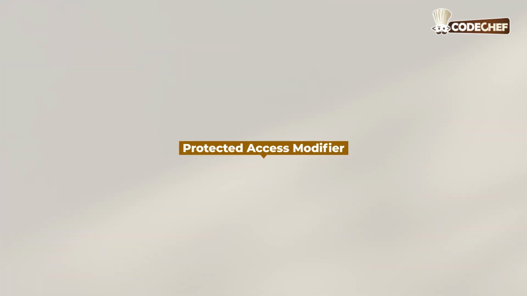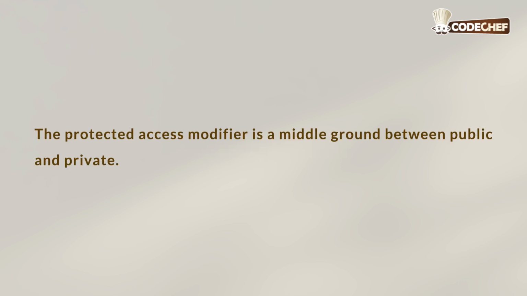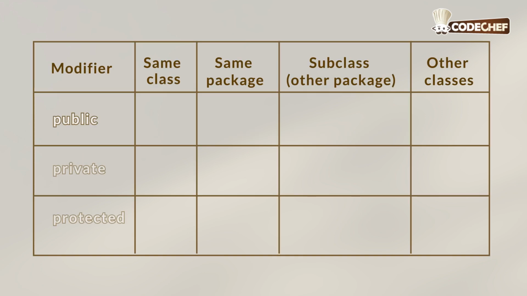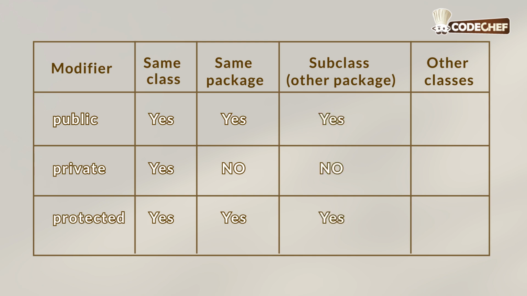Now let's talk about the protected access modifier. The protected access modifier is a middle ground between public and private. So now let's compare public and private with the protected access modifier. Do they allow access in the same class? Yes. The same package? Public and protected allow it, while private does not. And a subclass or other package? Similarly, public and protected allow it, but the private access modifier doesn't.